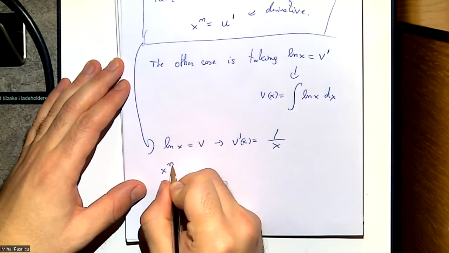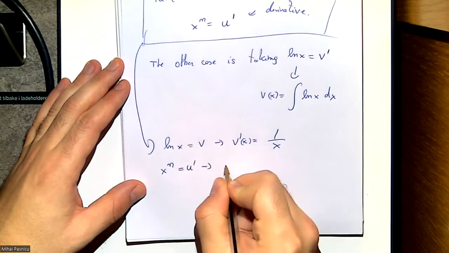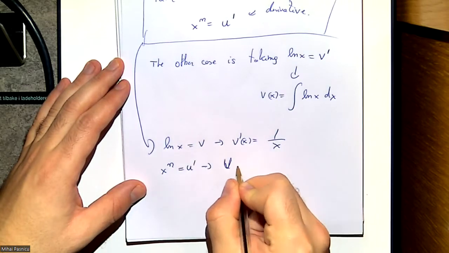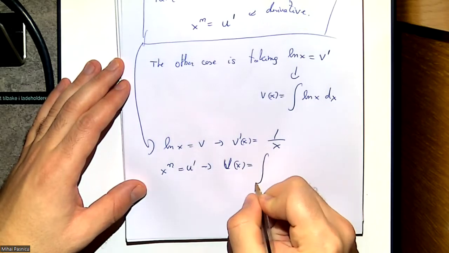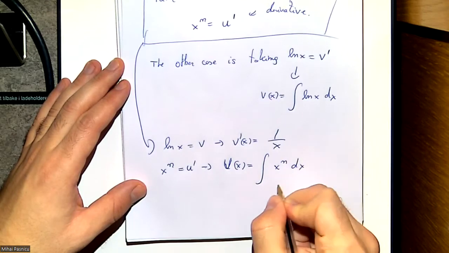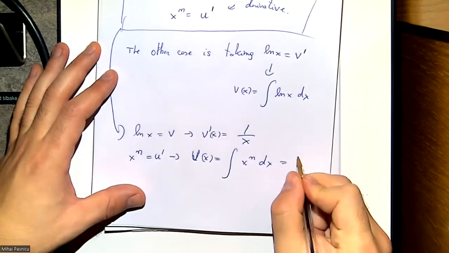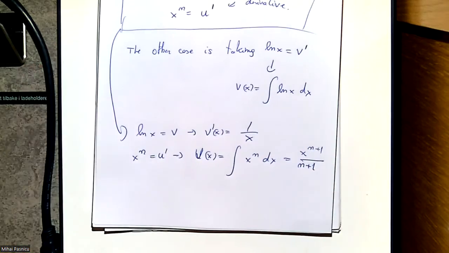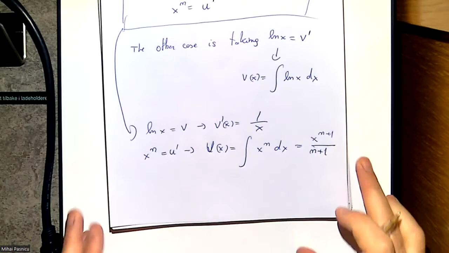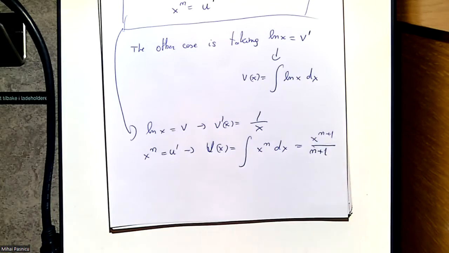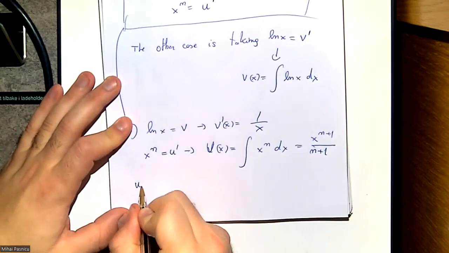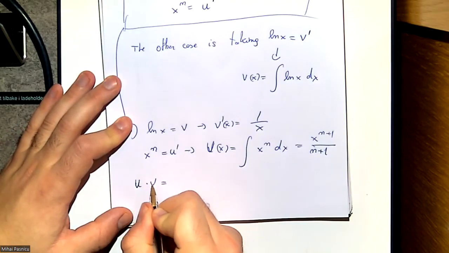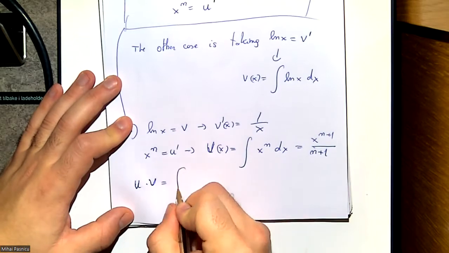And then if x^n is equal to u prime, then u of x is equal to the integral of x^n dx, which is x^(n+1) over n+1. Either apply the formula or just think how I think. It's okay. Now I know the formula. I'll probably write it like 20 times before we finish this class, so that's fine. Or you're learning it.